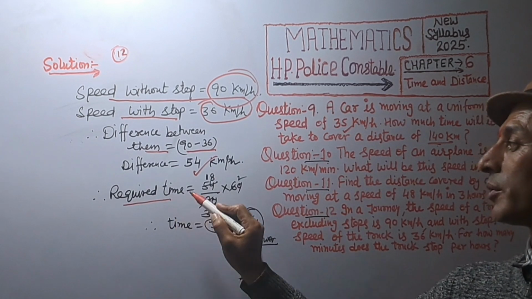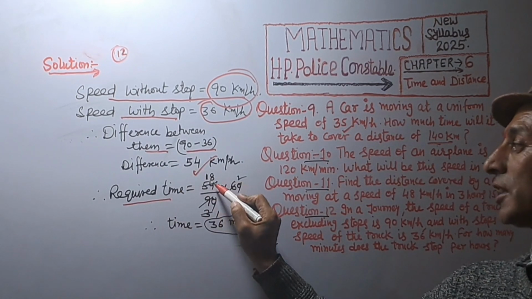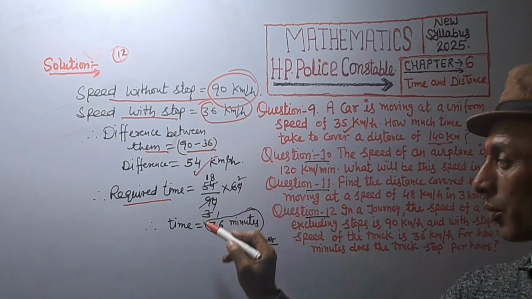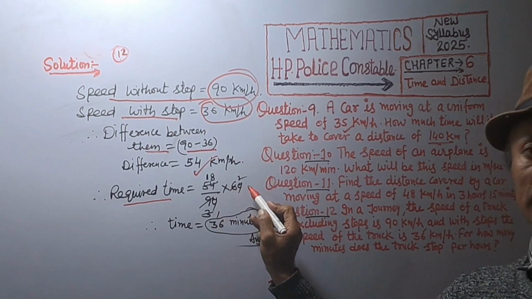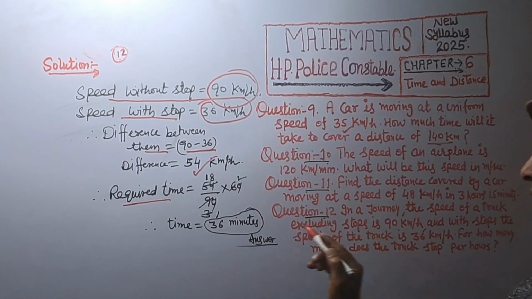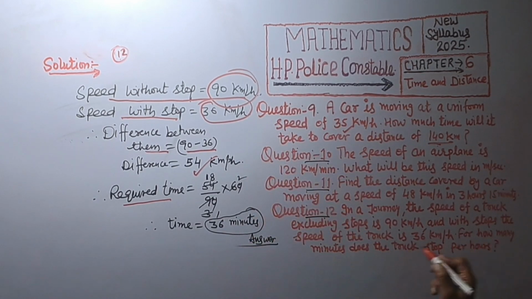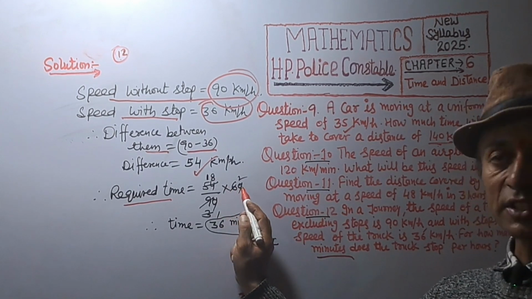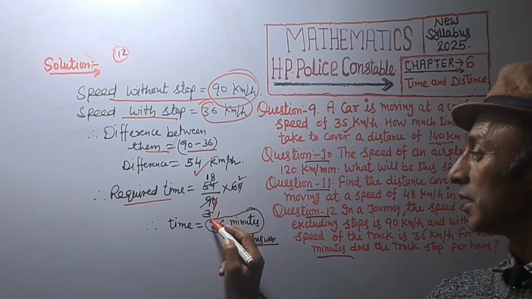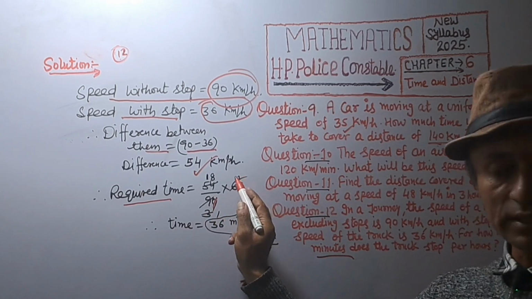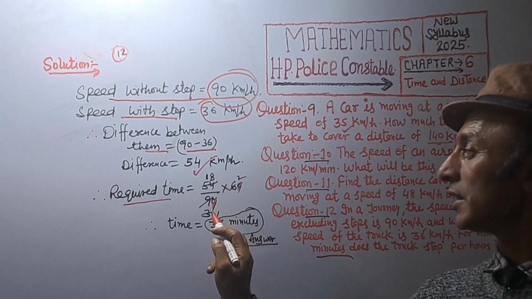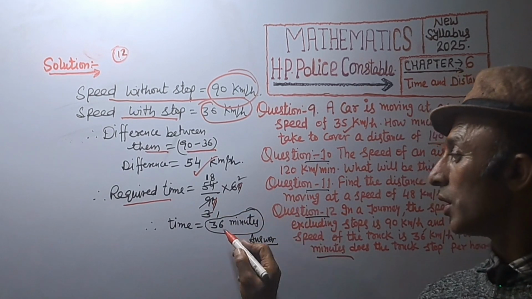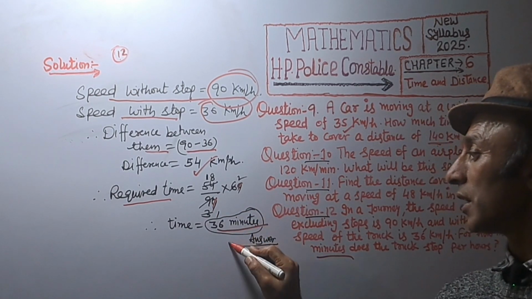So required time is equal to 54 upon speed without stop, 90, multiplied by 60 per minute. 0 0 is cancelled, 3 3s are 9 and 3 2s are 6, 3 1s are 3 and 18 3s are 54. So 18 multiplied by 2 equal to 36 minutes.